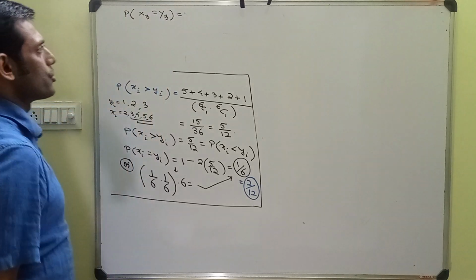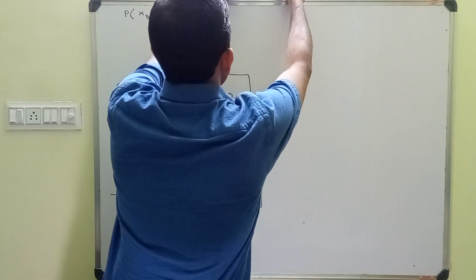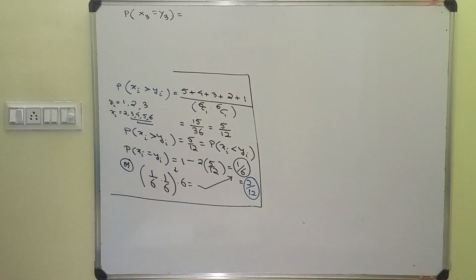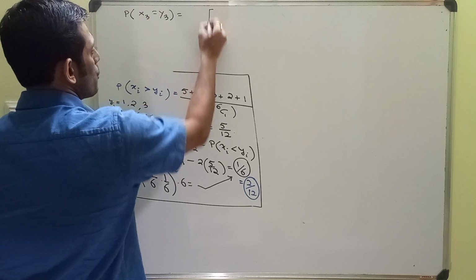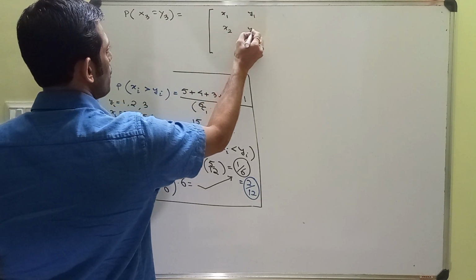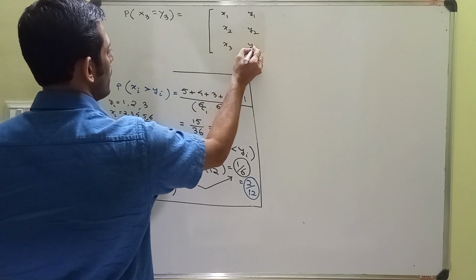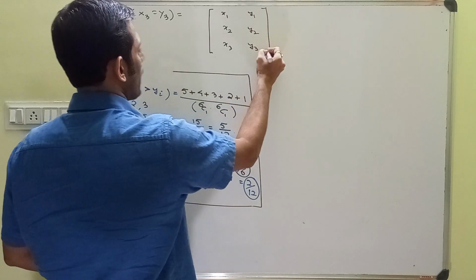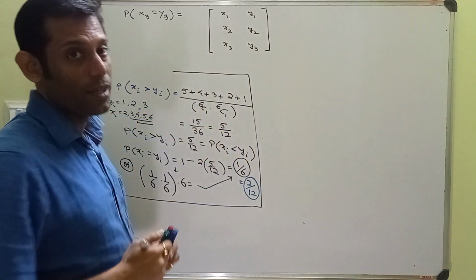What are the possible cases? Equal score cases. So P of x3 equal to y3 can hold how many possibilities? Suppose x1, y1, x2, y2 and x3, y3 are the scores in the respective games. Then how can the total score remain equal?